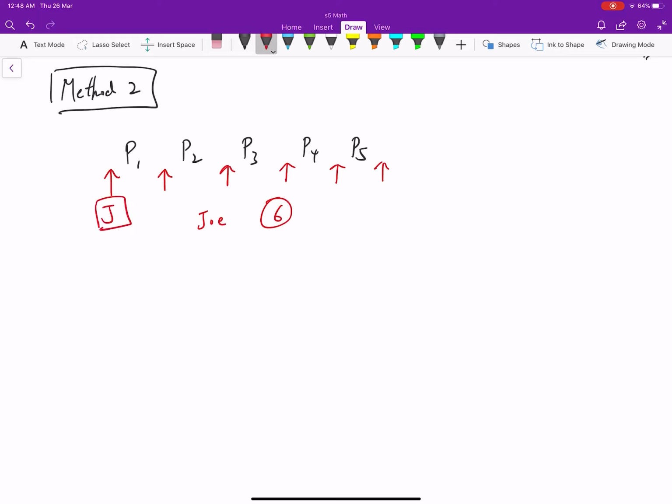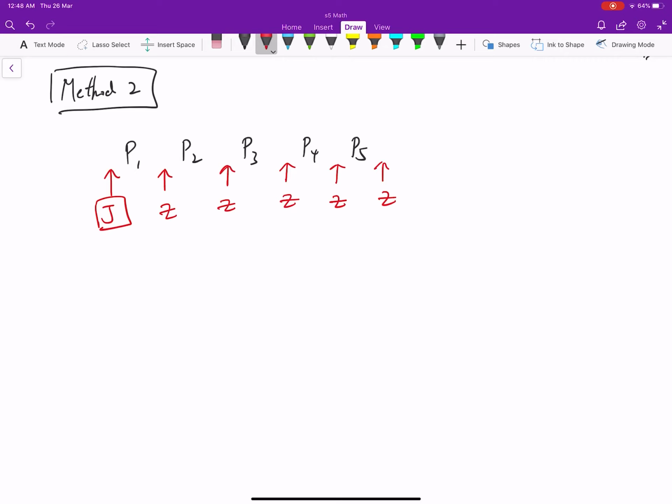Just for example, if Joe is here, then how do we make sure Sui is not next to Joe? If you put Sui into one of these 5 places, then there must be at least one player between them.